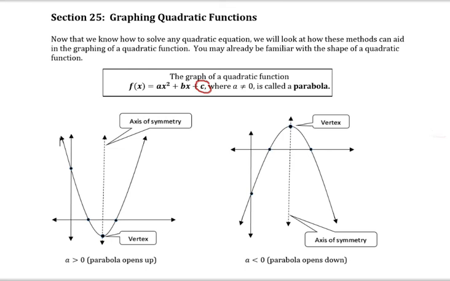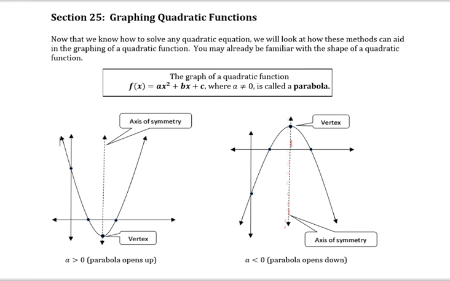The next thing is the axis of symmetry. These parabolas are symmetric around this line, which is called the axis of symmetry. It acts like a mirror. It divides the parabola in half.